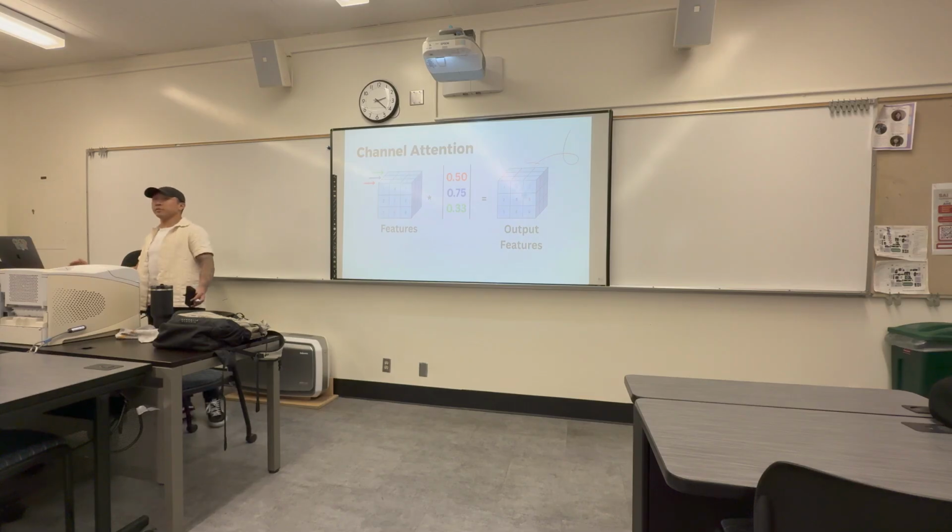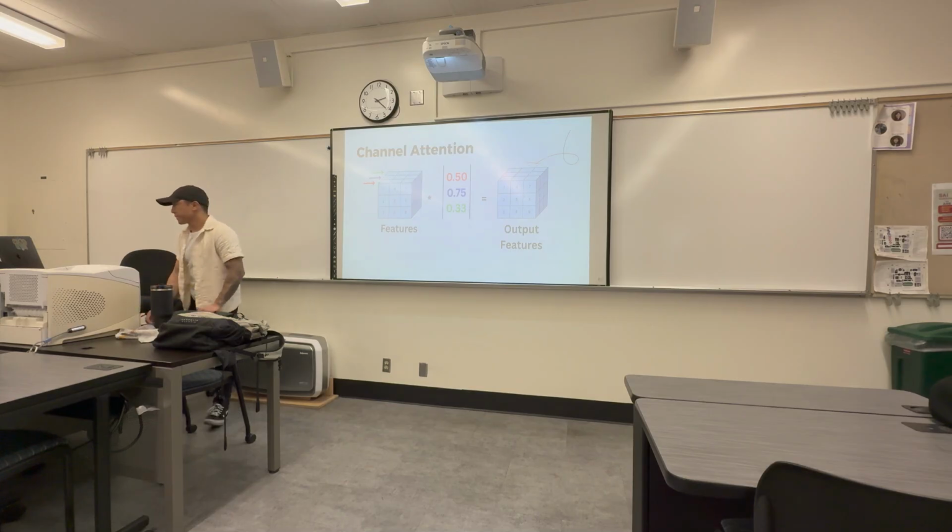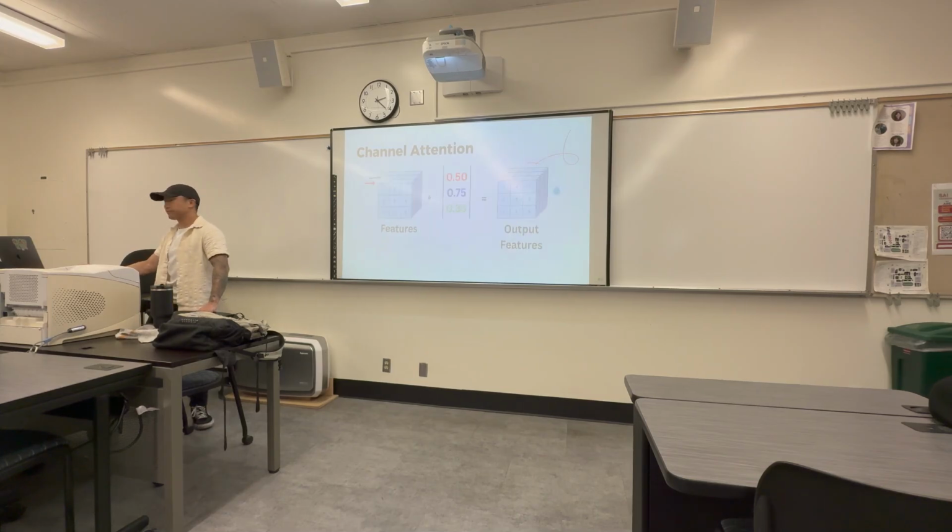So it's going to be a scalar multiplied onto a matrix. And we do that for every single ith value in our vector that corresponds to every single ith value in this channel. Are there any questions so far, just the generic math on channel attention?